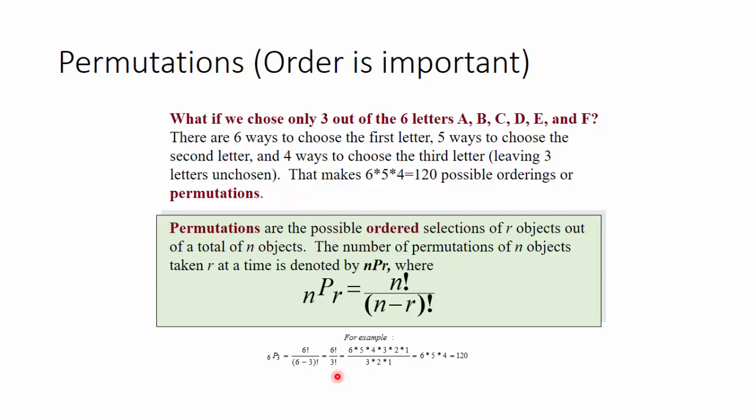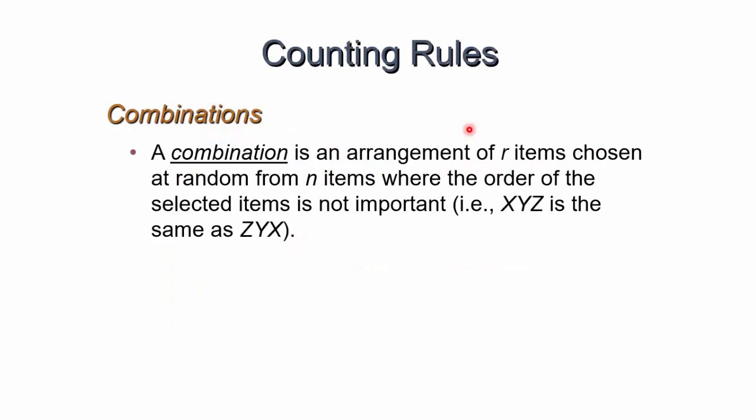In this case, the order is important, indicating that a similar collection of elements in different orders means a different element. So let's say, for example, A, B, C is not the same as B, C, A. The other type is combination, in which case r items are chosen from n total items and the order of selection is not important, indicating x, y, z is the same as z, y, x because they are the same three elements.